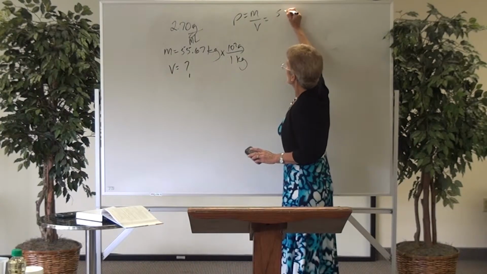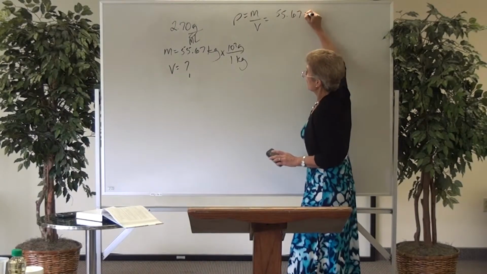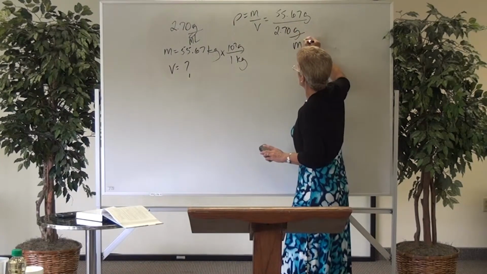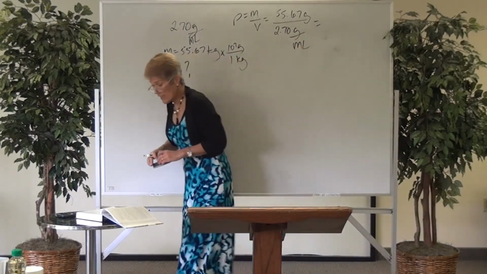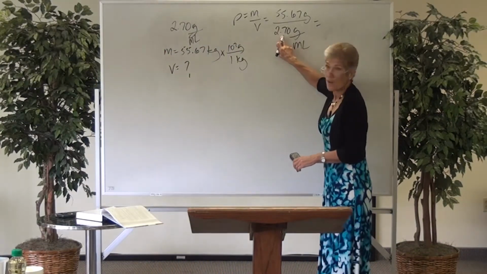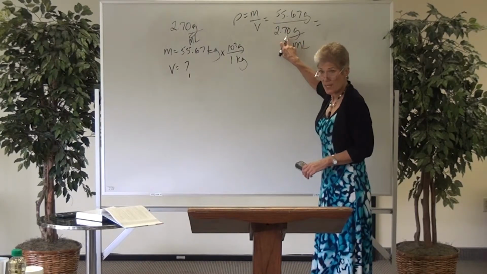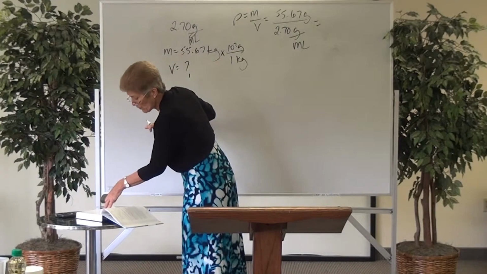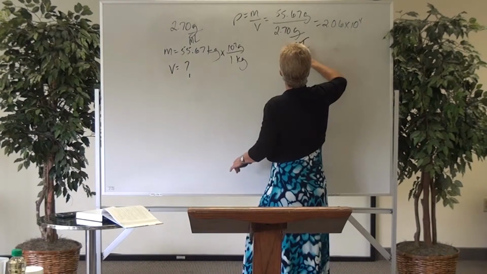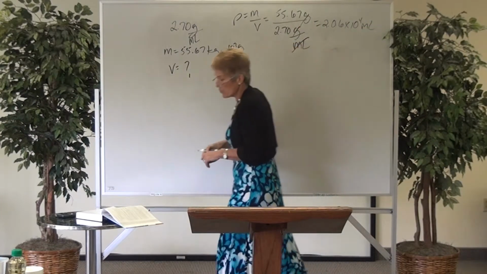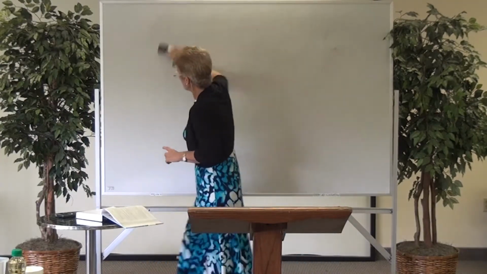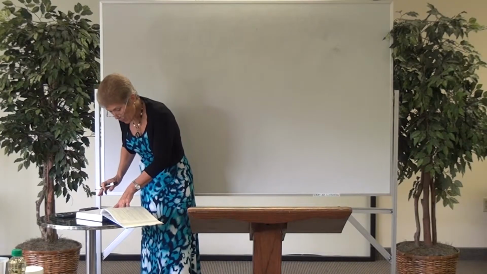So we're going to go 5.567 times 10 to the 4th grams divided by the volume, which is 2.70 grams per mil. How many significant figures does our answer have to be in? 3. There's 4 here, there's 3 here. So your answer has to be in 3. So it's going to be 2.06 times 10 to the 4th. Grams leave, we're left with milliliters, which is what we're looking for because we're looking for volume. If your units don't line up, then you know you're in trouble. Go back and check what you did wrong.